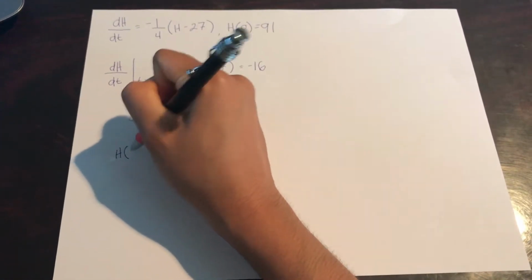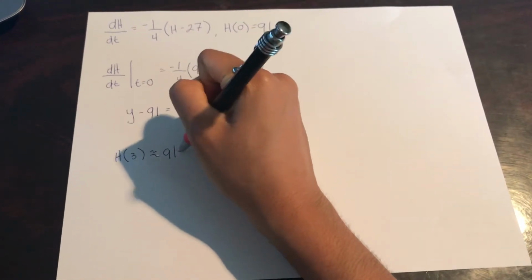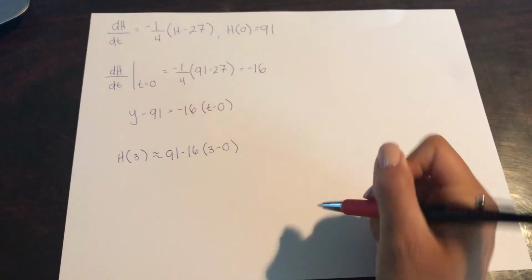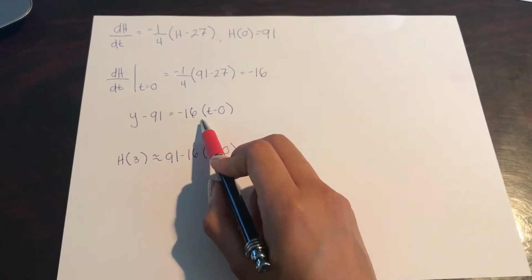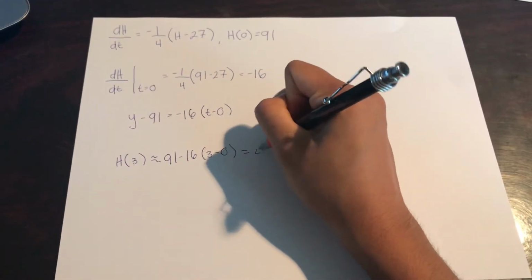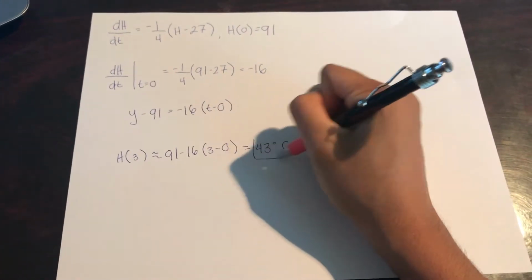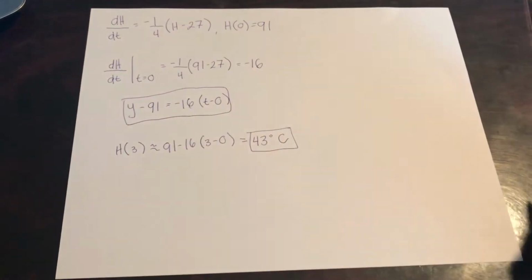So h of 3 is approximately 91 minus 16 times 3 minus 0. So here we just plugged in 3 into the equation that you found earlier, and your answer is going to be 43 degrees Celsius. And that is all you need to do for part A.